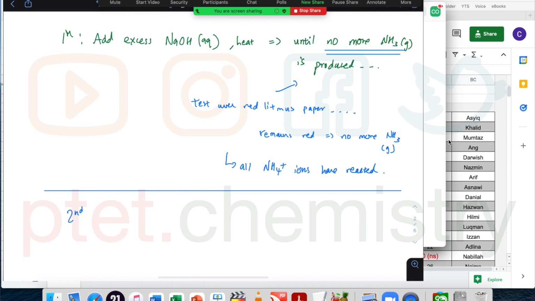Then your second step is to the same solution. So you still have excess NaOH aqueous, because that was what you did in the previous step. What you do now is you add aluminium foil. It has got to be the exact same solution because here you have removed all the NH4+ to form the ammonia.